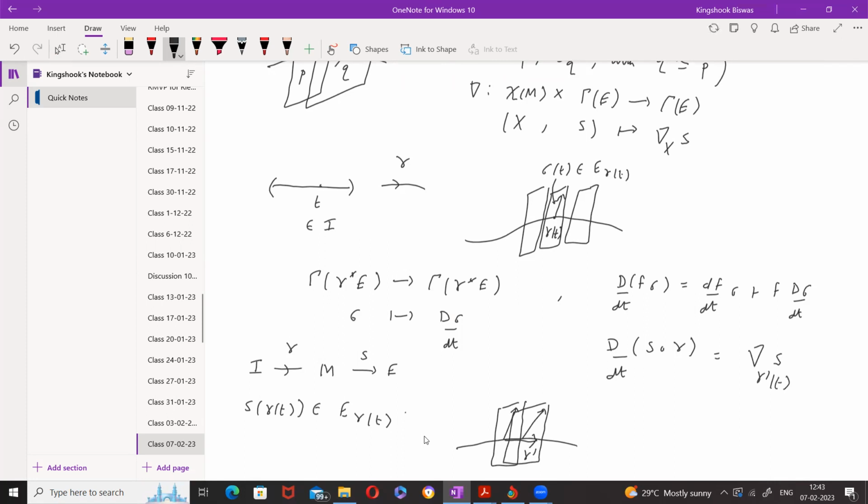Okay. So in this sense, this is the compatibility with the original connection. Okay. So is this clear? Yeah.